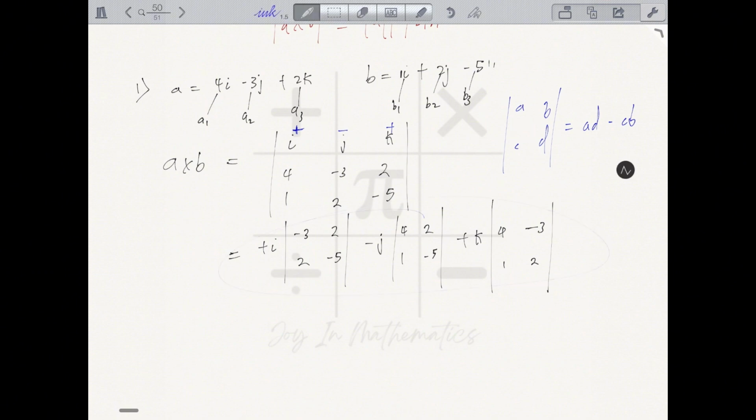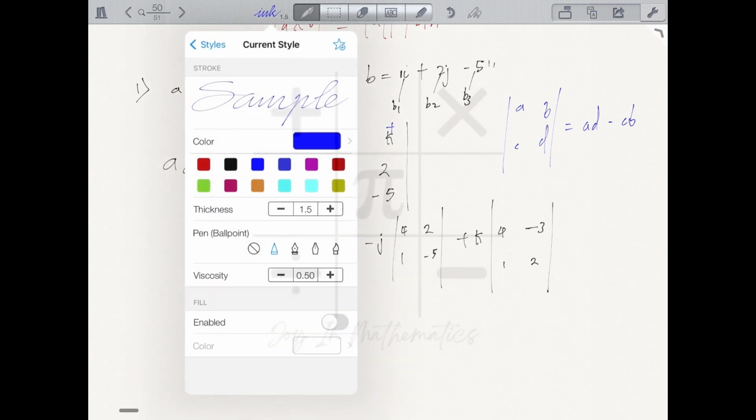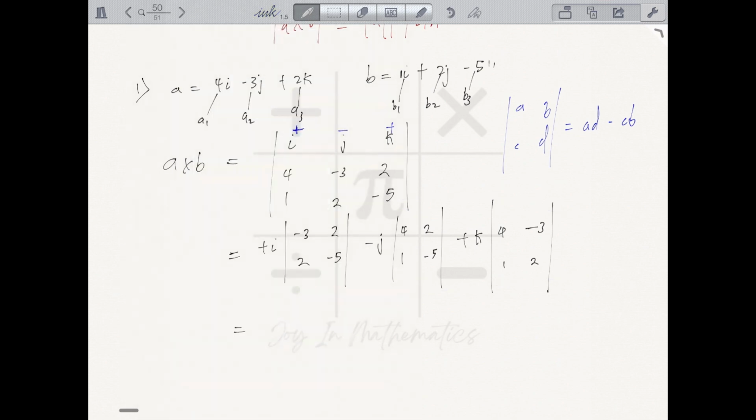Applying the principle to that line, this will become positive i. The leading diagonal is minus 3 multiplied by minus 5, minus the following diagonal, 2 multiplied by 2. We move on to minus j.